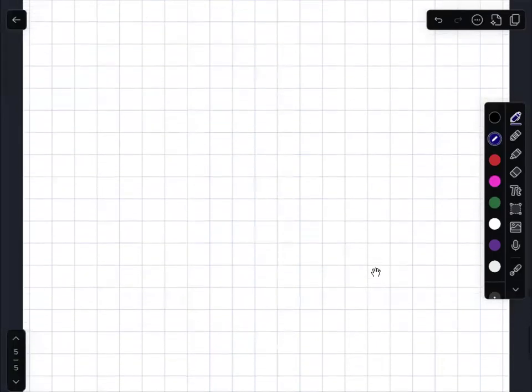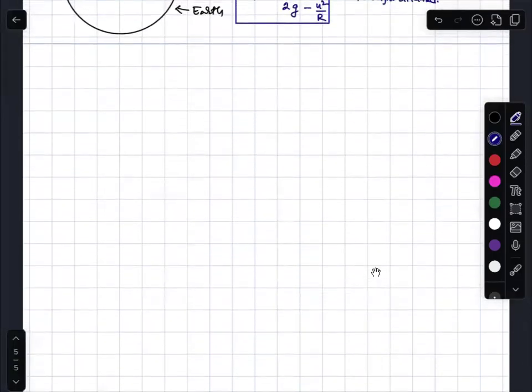Now I have one more concept to discuss, and that concept is object moving along the tunnel.